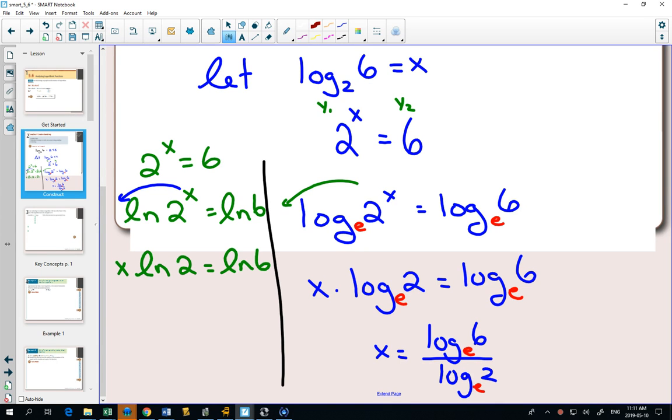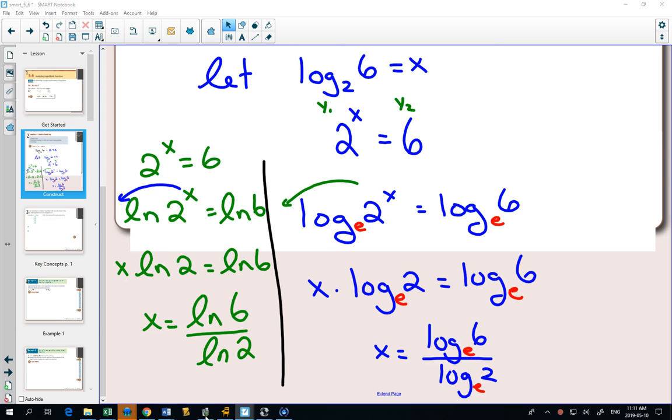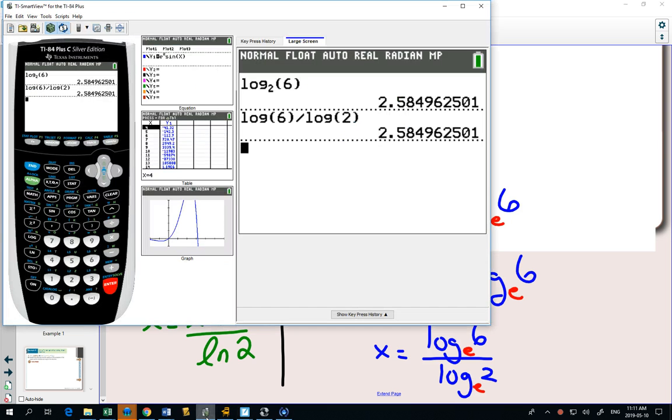And if I wanted to get x by itself, I could divide both sides by the natural log of 2. And just as a way to check, we're going to go to our calculator. Instead of doing log 6 divided by log 2, I'm now going to go natural log of 6 divided by natural log of 2. What should happen? I should get the same answer. And I do.